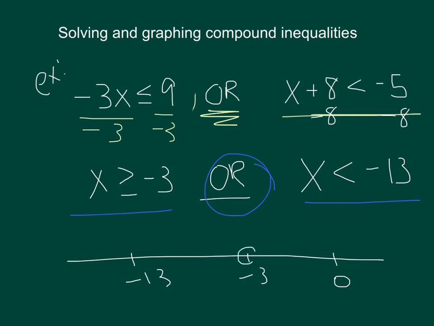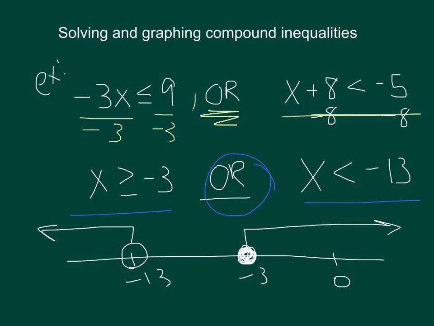You go to negative 3, you shade in the circle because negative 3 is a solution. And you're greater than, so you go to the right. For x is less than negative 13, you go to negative 13, and I'm going to leave this circle empty because negative 13 is not a solution. And because it's less than, I go to the left.